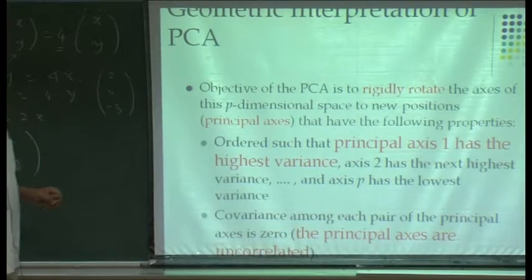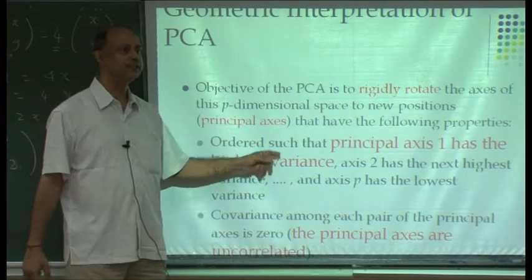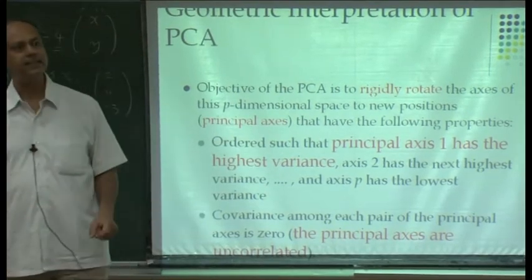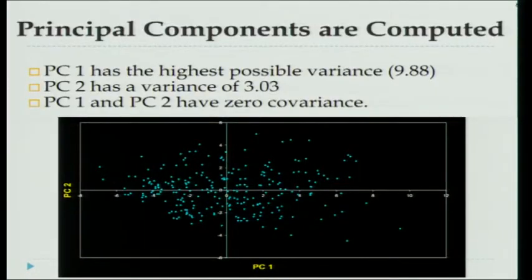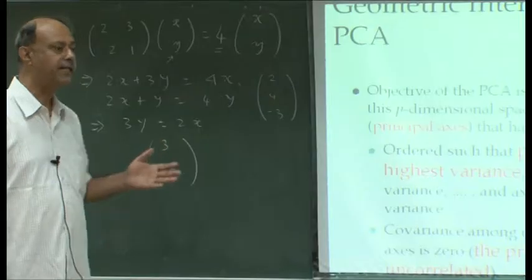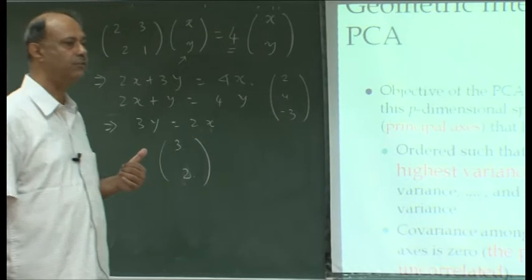First one is that it should be ordered in such a way that the first principal axis has the maximum variance. Then axis 2 has the next maximum variance, and so on. Since it is p dimensions, you will get p principal axes, but you have to arrange them in increasing or decreasing order.